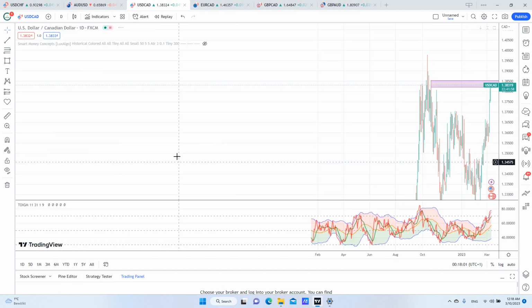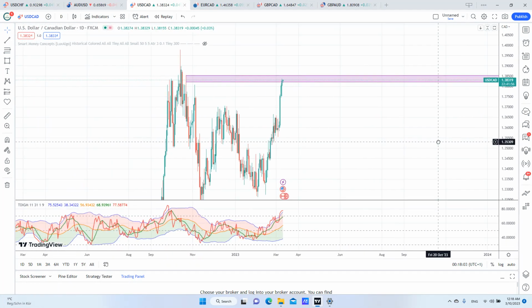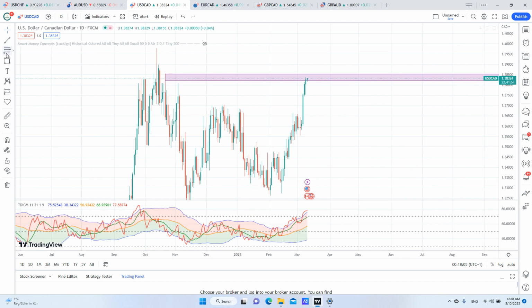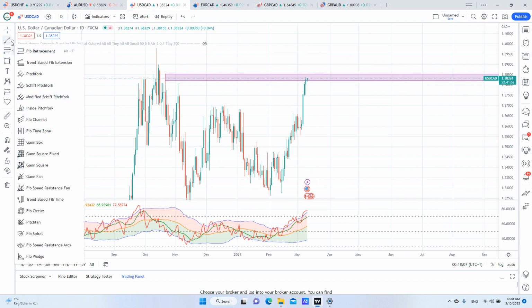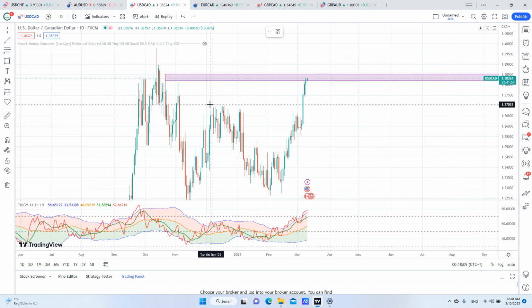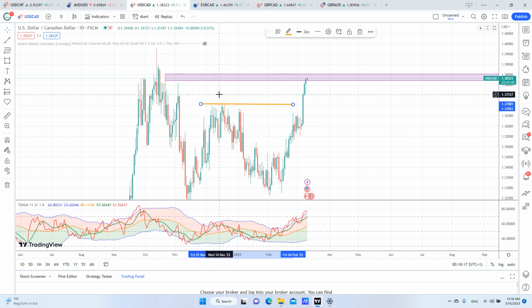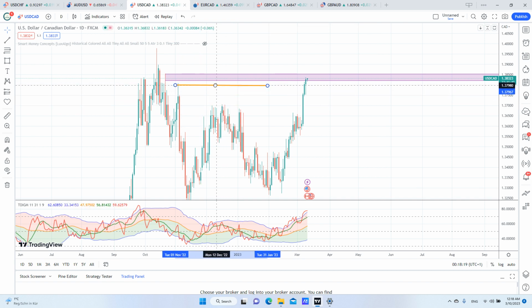Because if we look at daily, what we will see is we have these tops here, 1 2 3, that got liquidated, and then we also have this inducement that got liquidated.